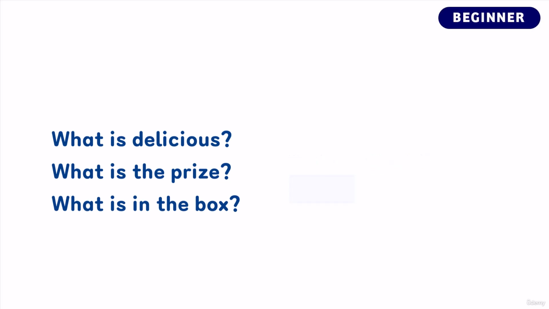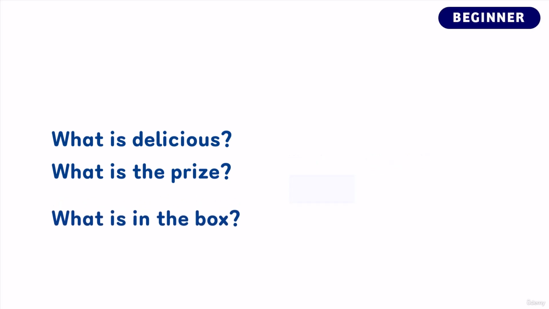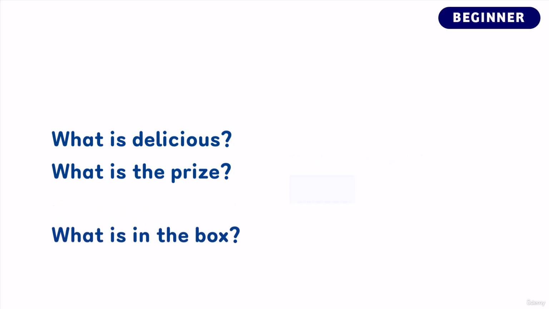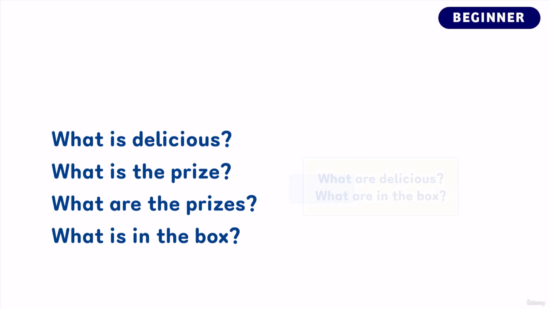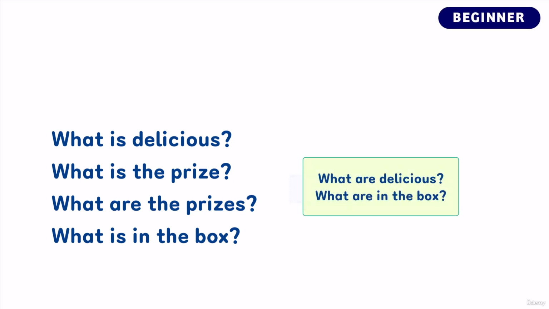However, if the noun is plural, then we use the plural form of the verb are. Here's an example sentence. What are the prizes? So here we use the plural form of the verb to be, are, as prizes is plural. We can also use are with adjectives or prepositional phrases if we are asking about many things.